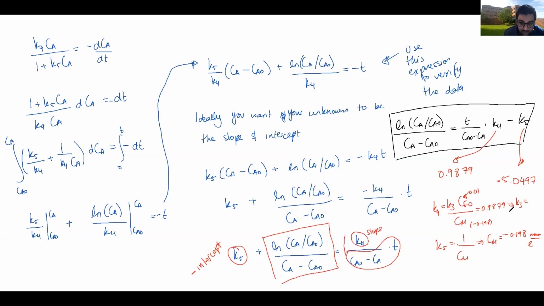Multiplied by 0.9879, will be equal to minus 19.5, right? Minus 19.5, and the units for this will be hour minus 1, right?